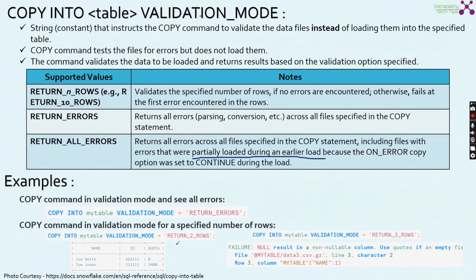If you see here, return 2 rows returns me the table data, meaning there are no errors. But if you see return 3 rows here, it is returning me an error. Why? Because the table does not have enough rows to be returned. It has only 2 rows alone. By doing so, you can very well see how these things behave with respect to data quality.